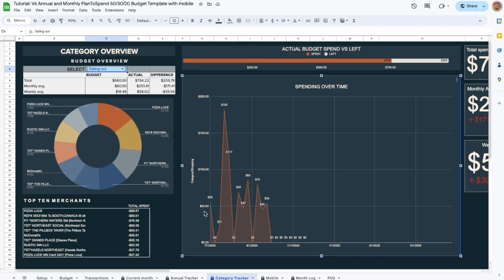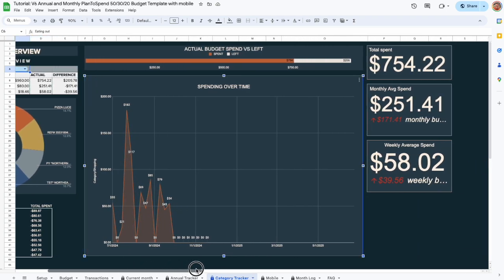The other points of comparison you get here are just, again, the spent versus left, total spent, and then how this is averaging out month over month and week over week, and how that compares to your estimated monthly budget for this category and weekly budget for this category.